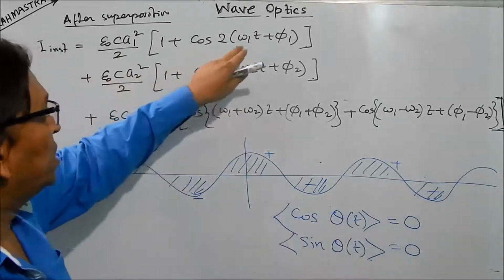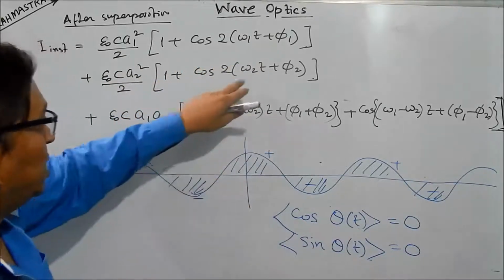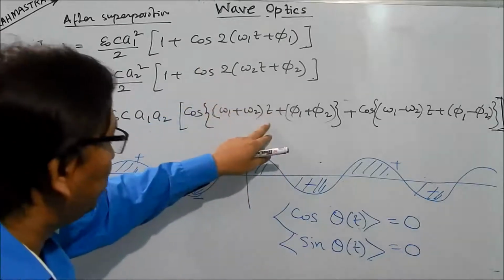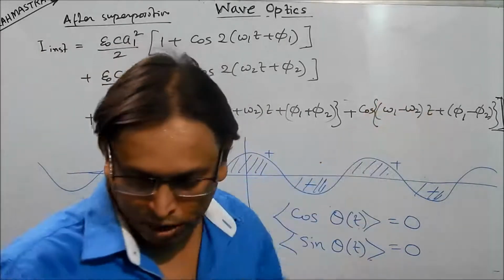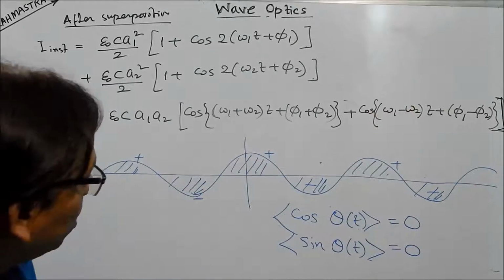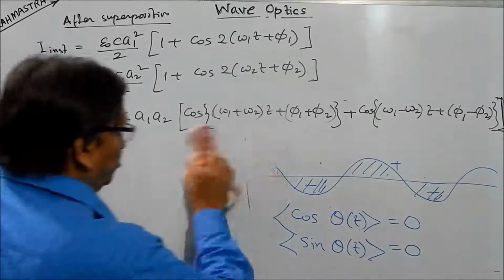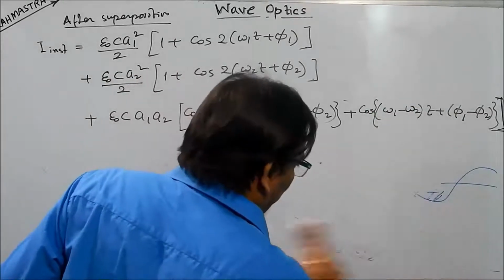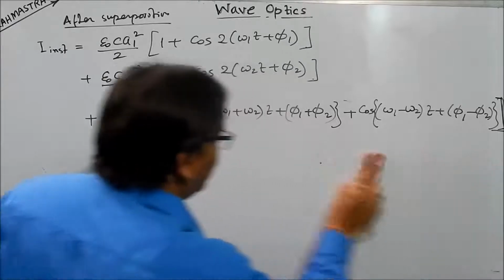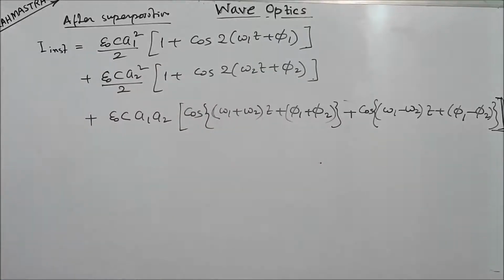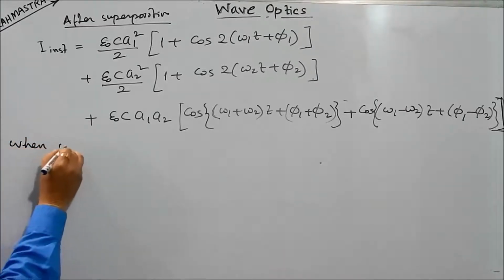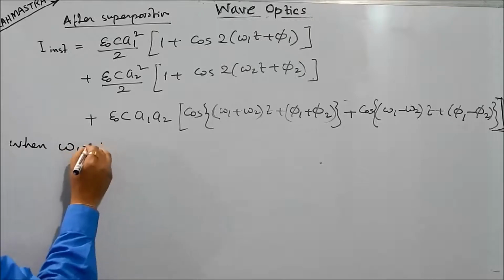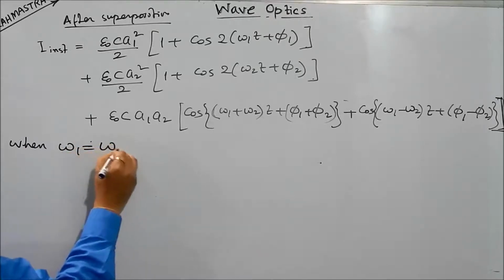So here you can see, here is a function of time, here is a function of time, this is also a function of time, this is also a function of time. Now what can be done? Now there can be two cases. One is called the coherent source. Coherent source means omega 1 is equal to omega 2.